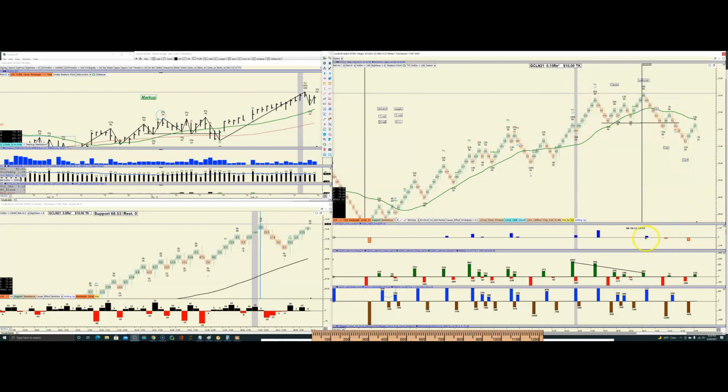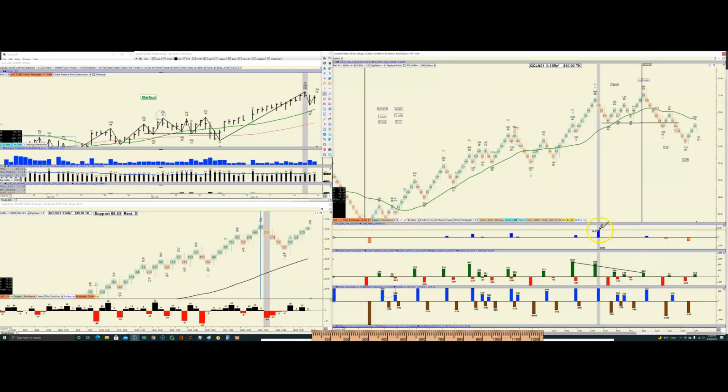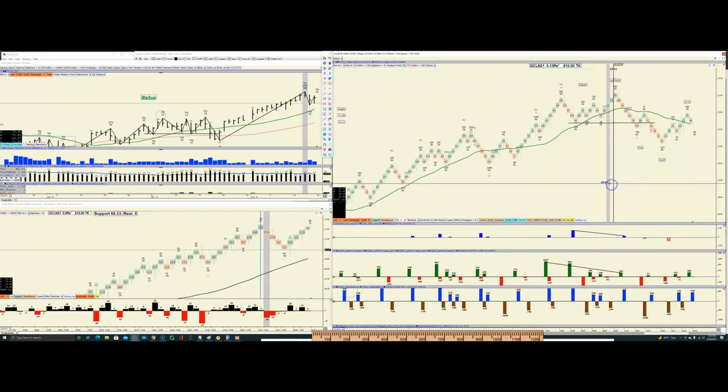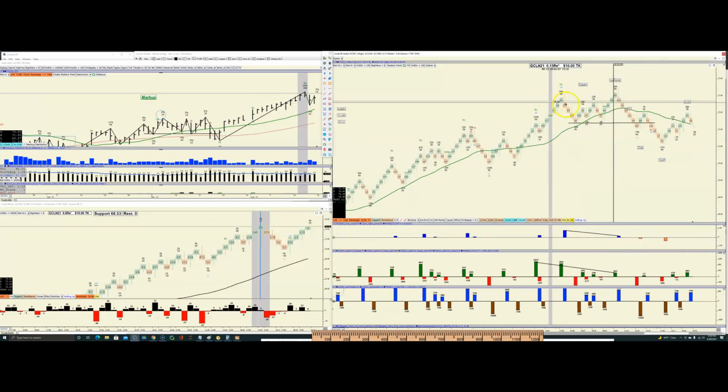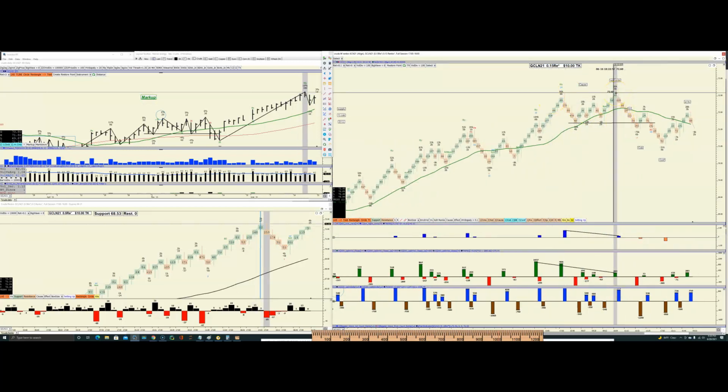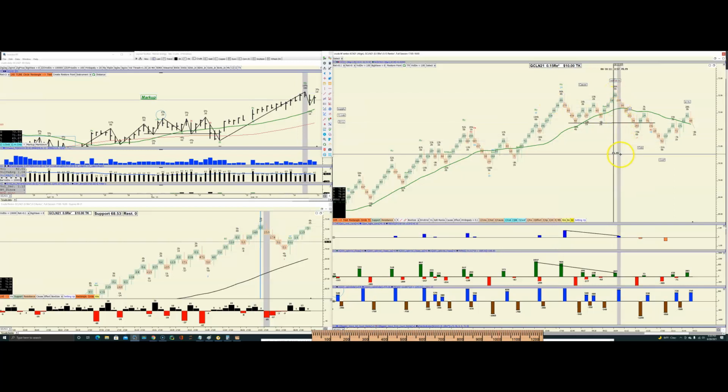And there's also a shortening of the thrust here. So what is this telling you? Breakout buyers are not buying, and that's why it's not going higher. Not only is there lessening of demand, but there's shortening of the thrust. All that's telling you is that there's lessening of demand, breakout buyers are not buying.